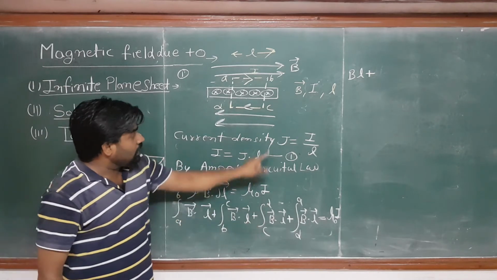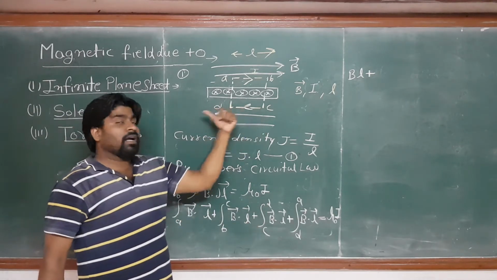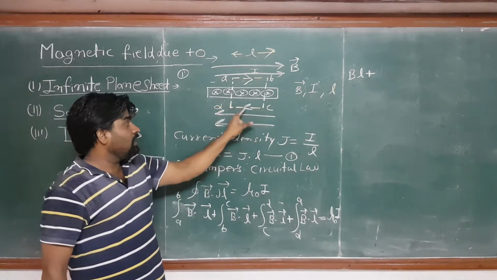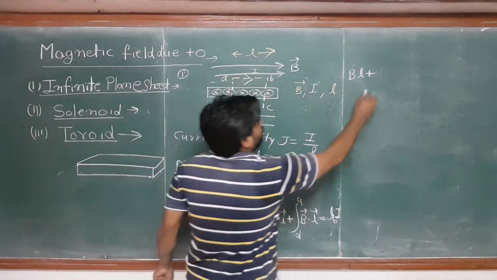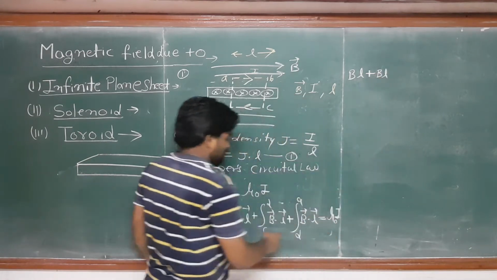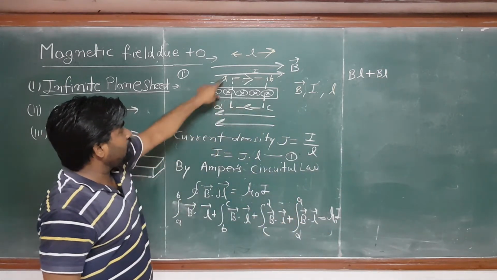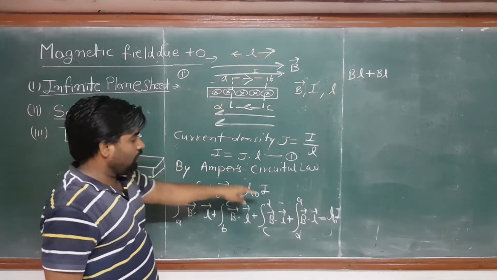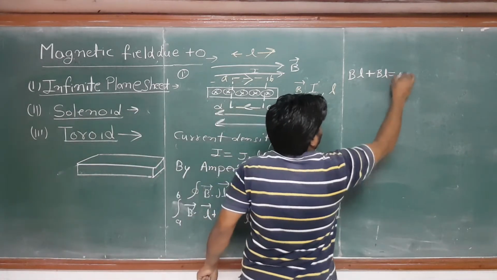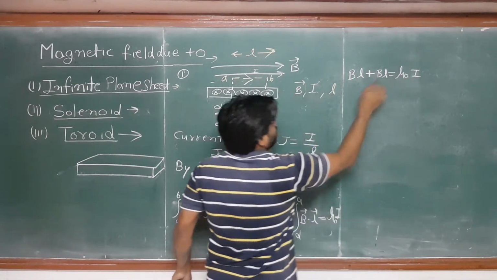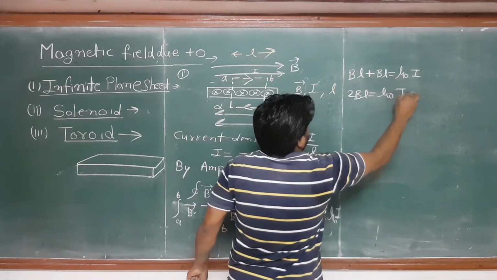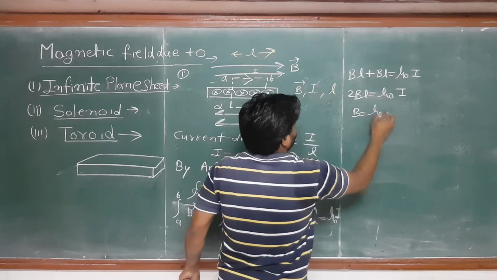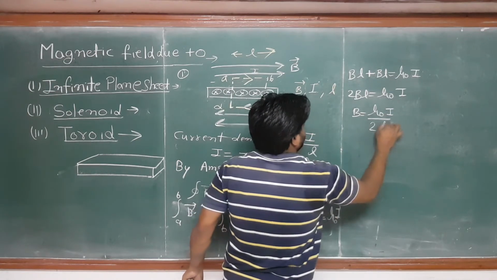Again, CD. Now in this case the magnetic field goes here and CD has direction here. Again they are parallel, so it becomes BL again. And DA is perpendicular to the field, so it becomes 0, and the sum is equal to mu naught I. Right. 2BL is equal to mu naught I. So B is equal to mu naught I by 2L.